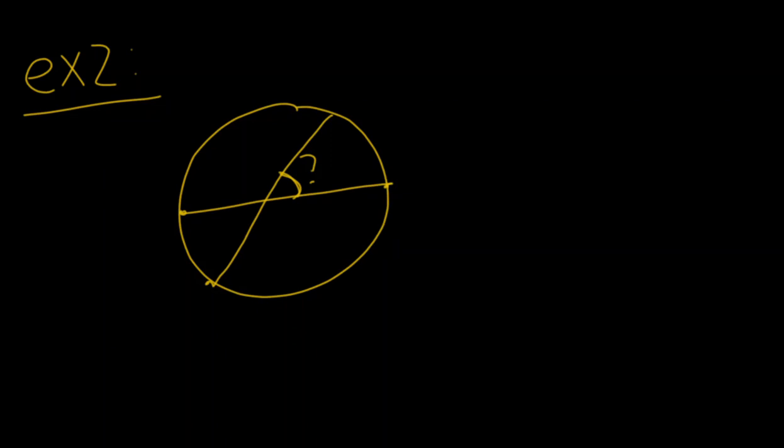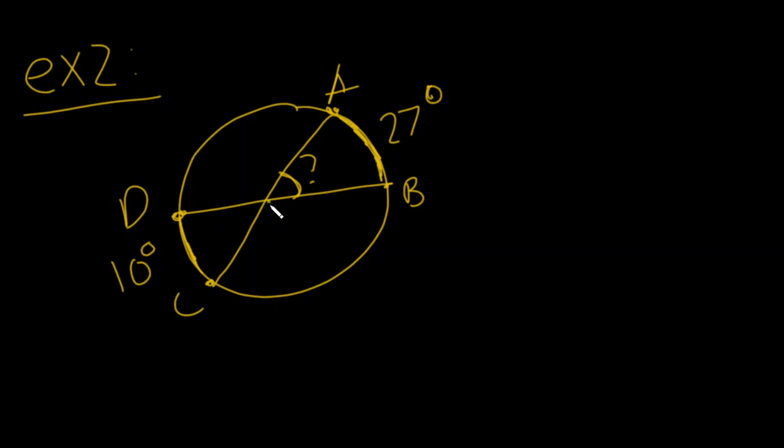Now, let's say this subtended arc right here from point A to point B is 27 degrees. And let's call this point D and point C. And it's going to have to be smaller, so let's call that 10 degrees.